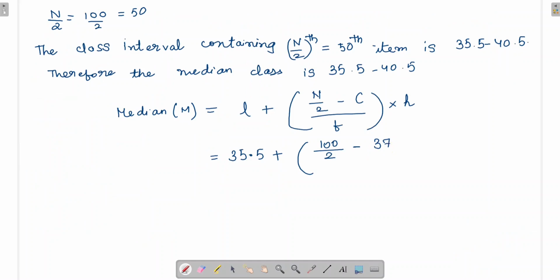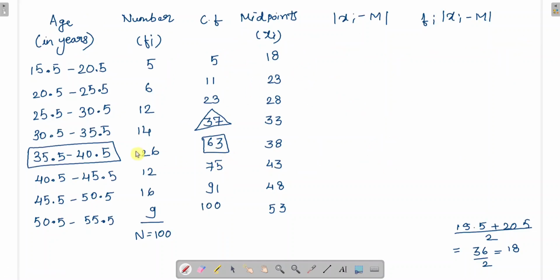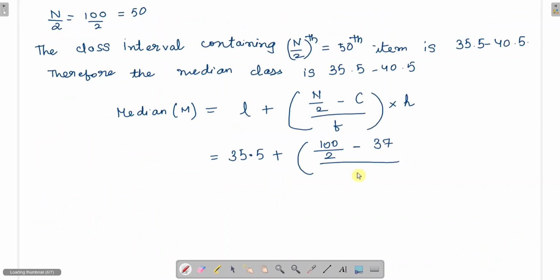So 37 divided by small f is the frequency of median class, so that is this 26 into h is 5, right?